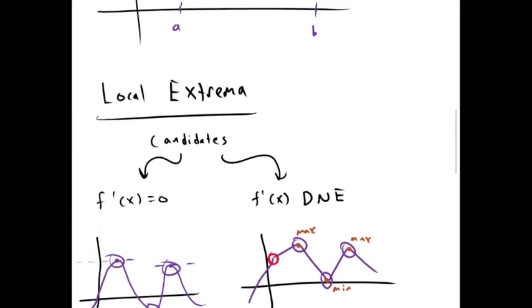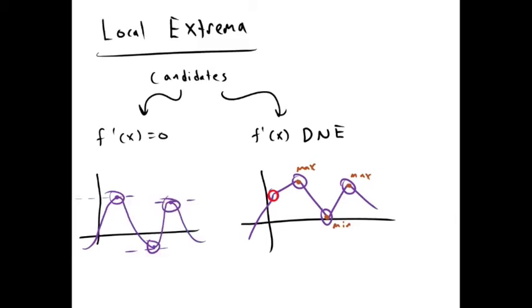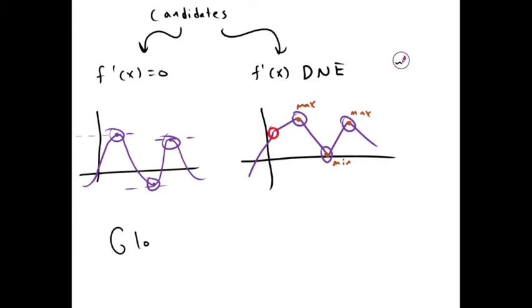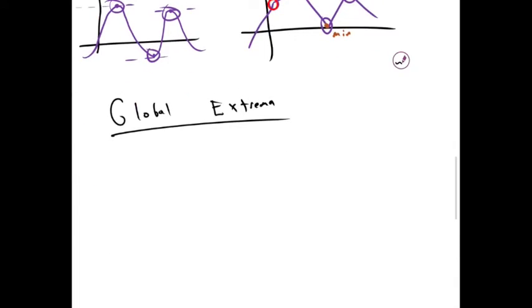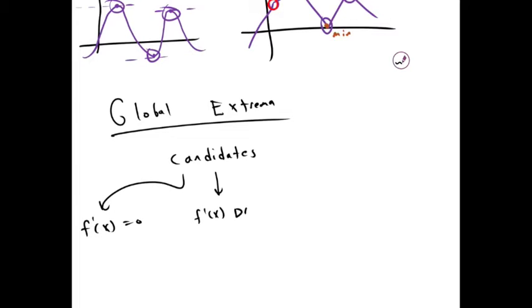Now if we're looking for global extrema on a domain, then our candidates are again where f prime of x equals 0 and where f prime of x doesn't exist.